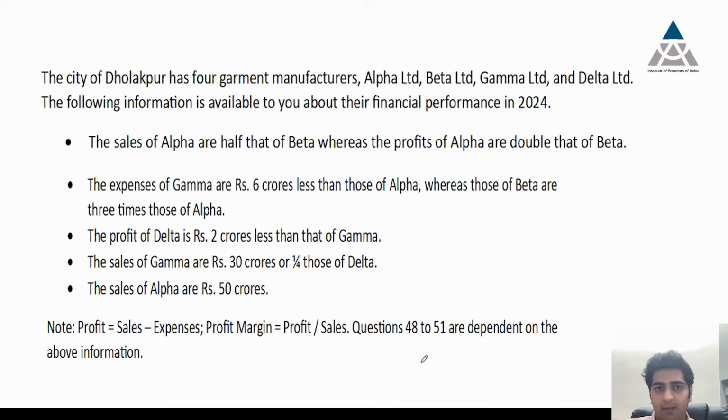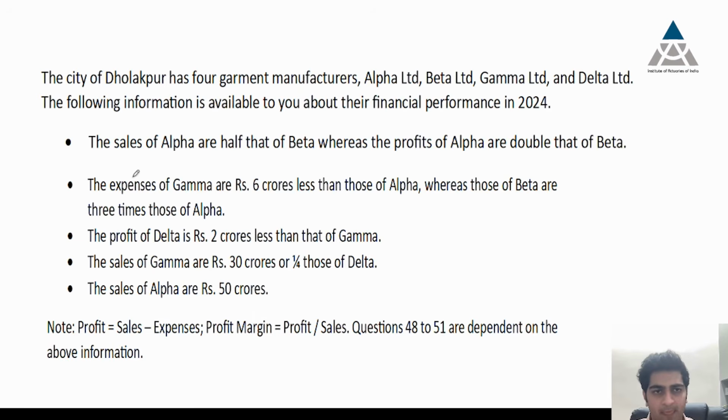But as I said, before attempting anything, we will try and find sales, expenses and profit for all the 4 companies. So you have Alpha, Beta, Gamma and Delta, correct? So sales for these 4, can we find the sales? Alpha is half of Beta, that's not helpful yet.